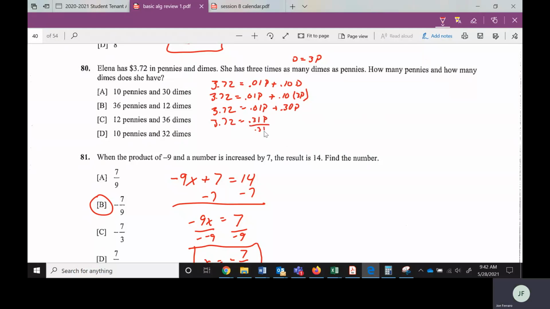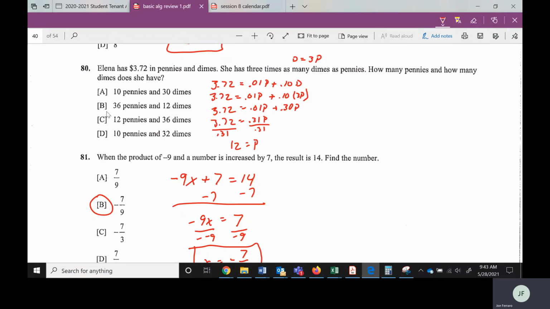So now we divide, find out what that is. These cancel out. Oops, that shouldn't be a P there. Those cancel out. We're left with just P. 3.72 divided by 0.31 is 12. So we have 12 pennies.